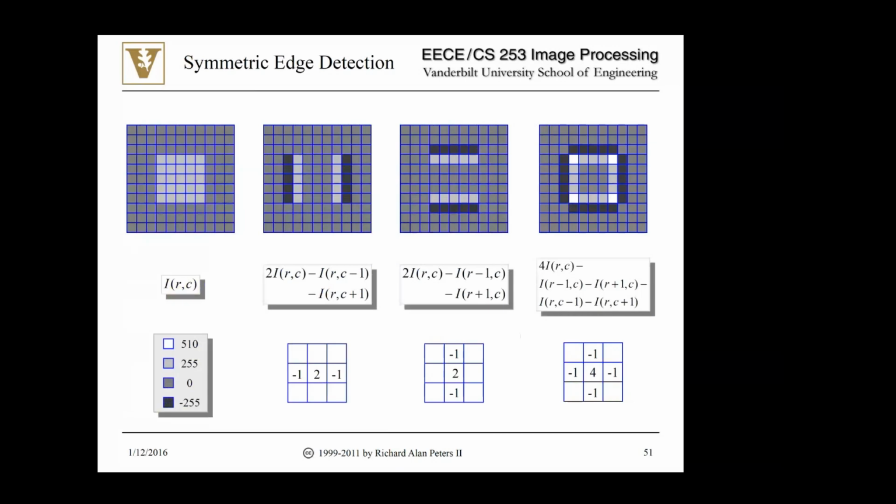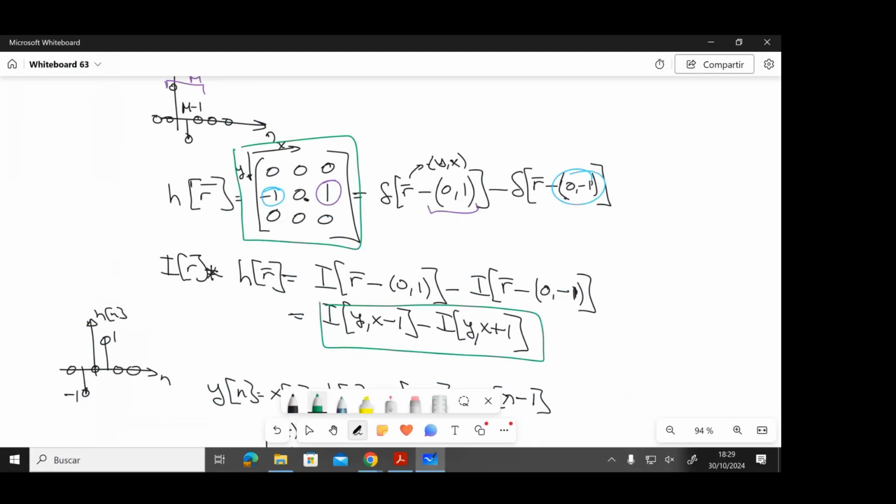Or you add the 2 kernels. Now we are detecting horizontal and vertical edges. And these are the expressions similar to the ones that I have been writing here. All the coefficients multiplying shifted versions of the image.